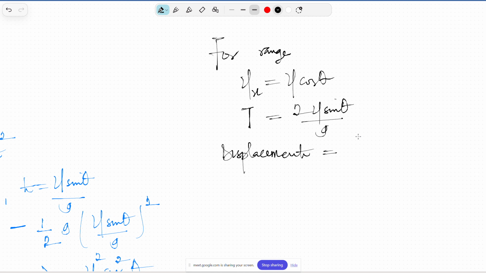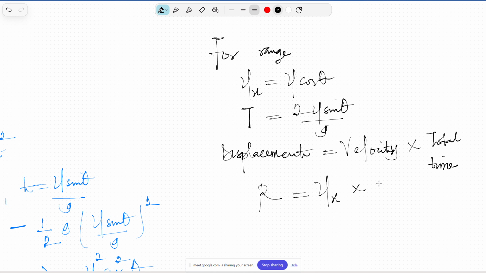So that displacement is equal to the velocity multiplied by the total time. The displacement is r in that horizontal axis. So the velocity it takes is u of x, and then you multiply with time, the total time t.